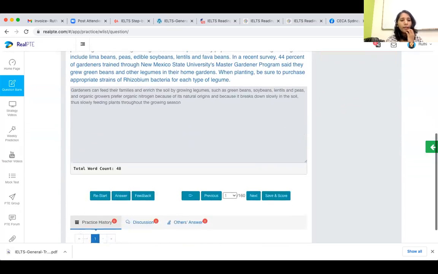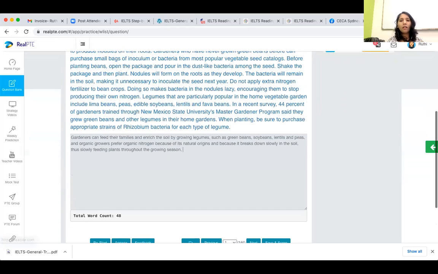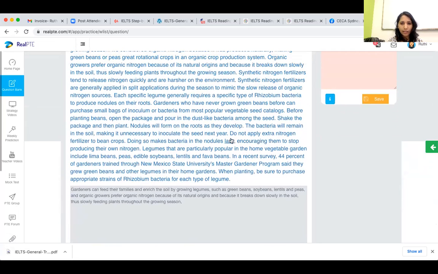Okay, if you look at it, there are about 48 words. So put a comma again, space, and now let me see what is the next sentence that I'm going to take in.